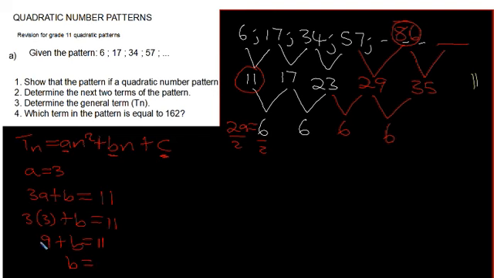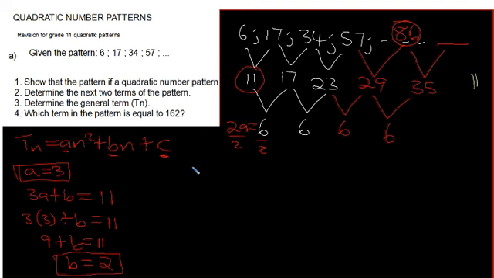Taking 9 to the other side, b is 11 minus 9, which is 2. So a is 3 and b is 2.